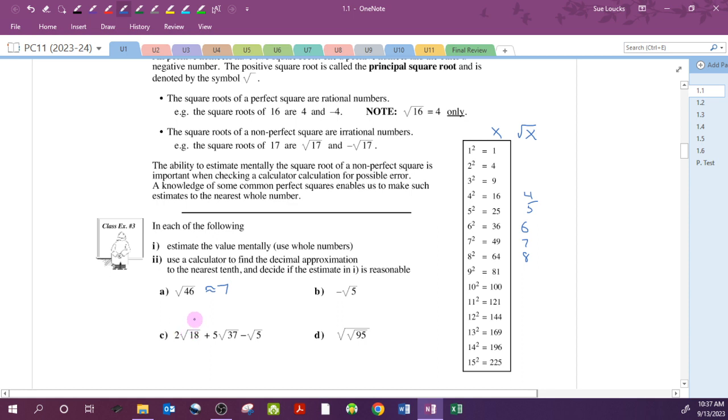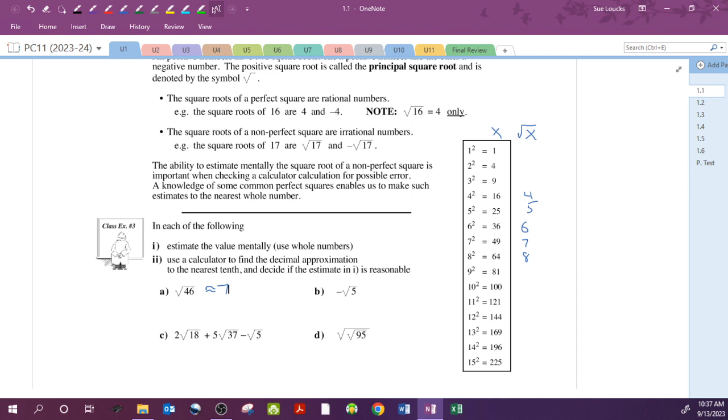And then we would take our calculator, and we use the square root button on that.